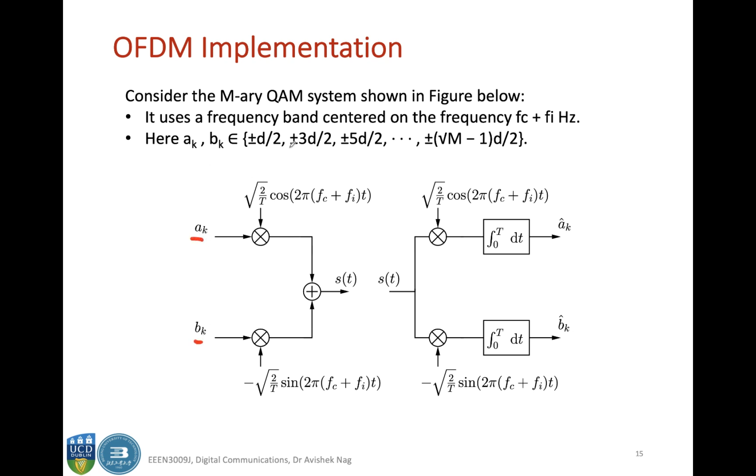These AK and BK are the different points on the M-ary constellation, M-ary QAM. So let's consider a constellation like this. These are the coordinates of the signal, AK and BK.